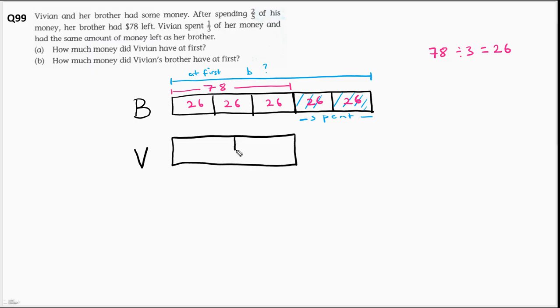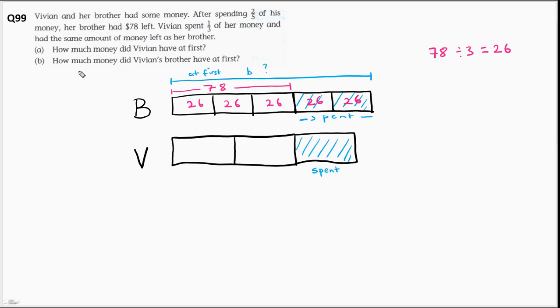So I'm going to split it into 2. These are the 2/3. And if she has 2/3 left, I am going to draw in that third that she spent. So this is what Vivian spent.